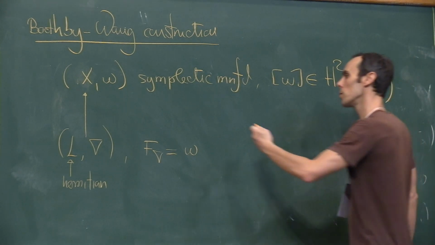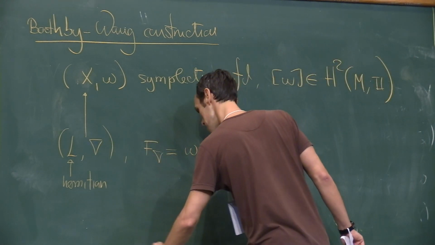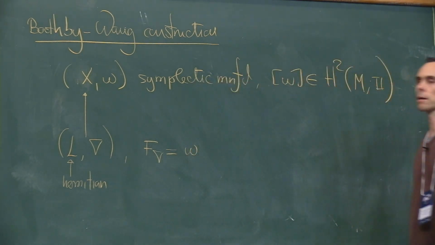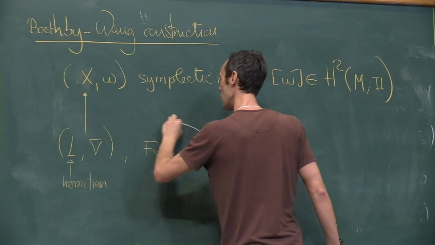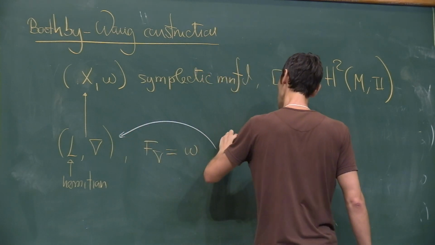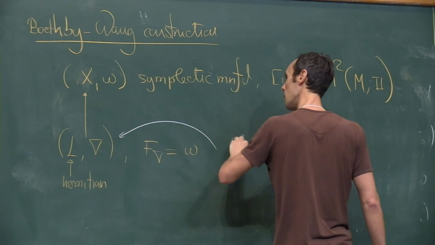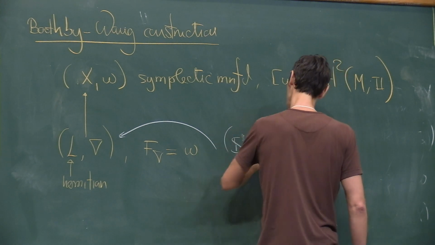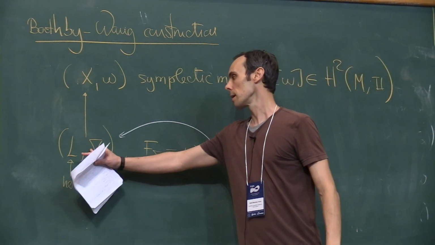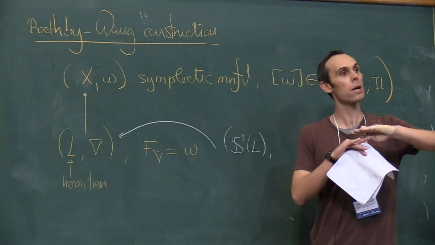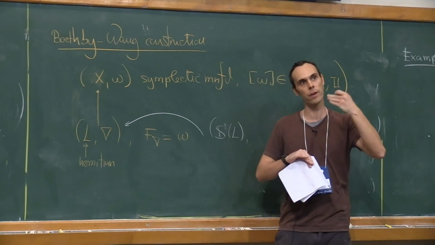Now, how do you get a contact manifold there? Well, you have the Hermitian metric, so you can go to the corresponding sphere bundle of L for the metric. So that's a hypersurface. The condition that the connection be compatible with the Hermitian structure, you can reverse it in geometric terms.